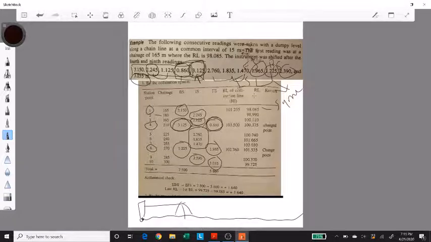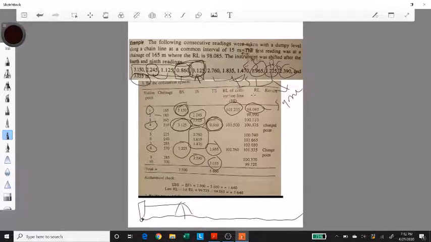So that reading is the backsight, 3.150. So to the known reduced level of 98.085, we will add the value of 3.150, and we will get a height of the instrument of 101.235.